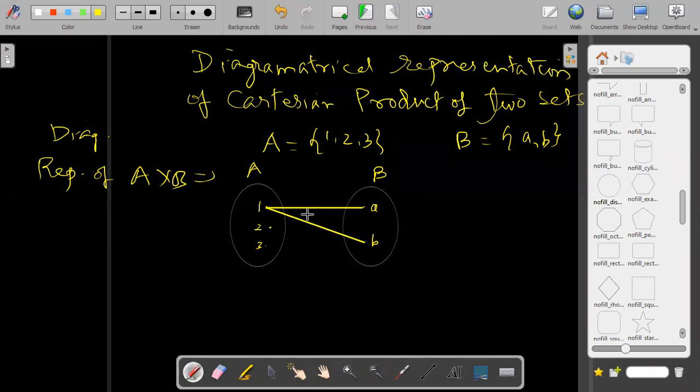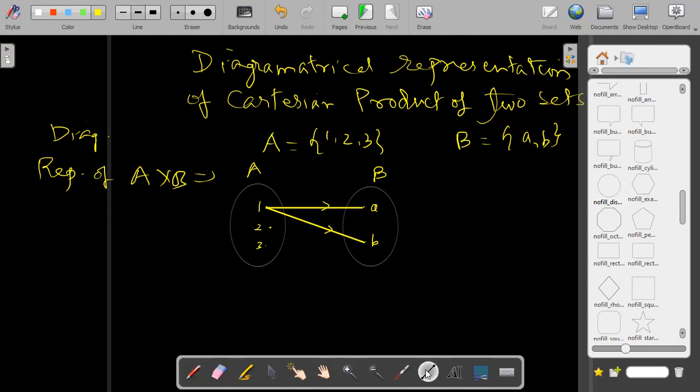You have to show an arrow also, showing which is connecting to which. Otherwise, the arrow will not be shown. We are going from A to B; A cross B means A to B.